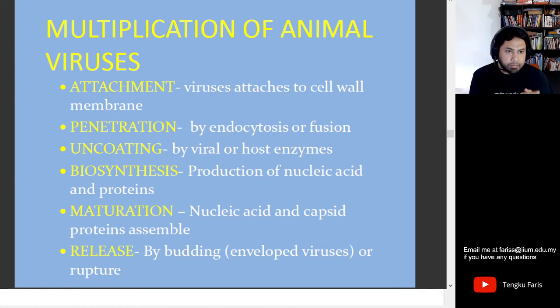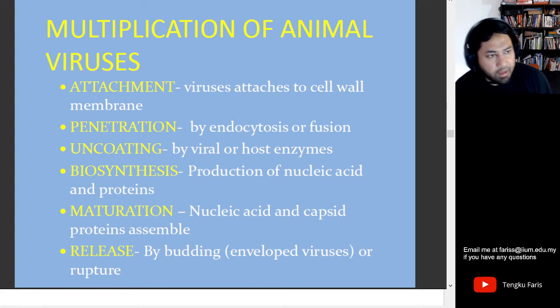Multiplication of animal viruses again is quite similar because it involves the attachment of viruses to the cell membrane of the host cells, penetration by endocytosis or fusion, uncoating by viral or host enzymes, which means they release.